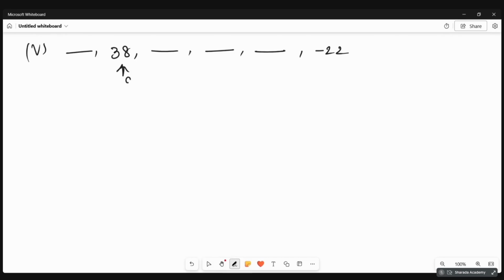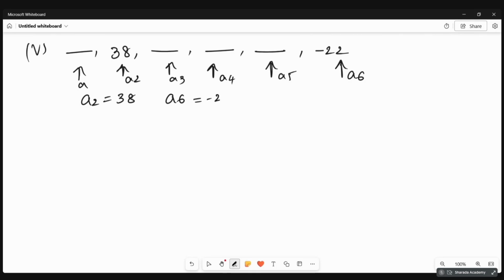So this is A2, A here, A3, A4, A5, and this is A6. You have to find the missing terms. Okay. A2 is equal to 38. A6, 4, 5, 6, it is minus 22.